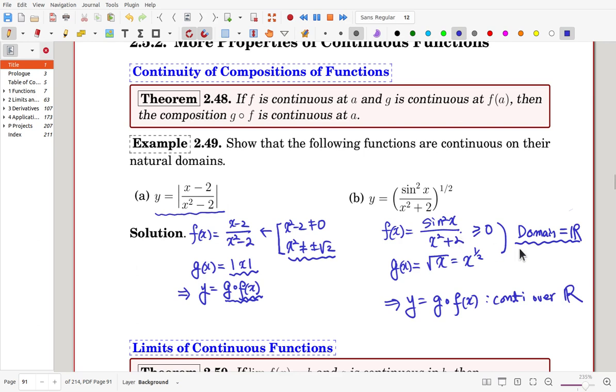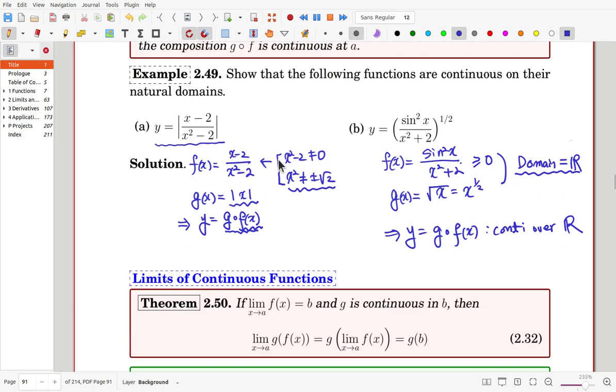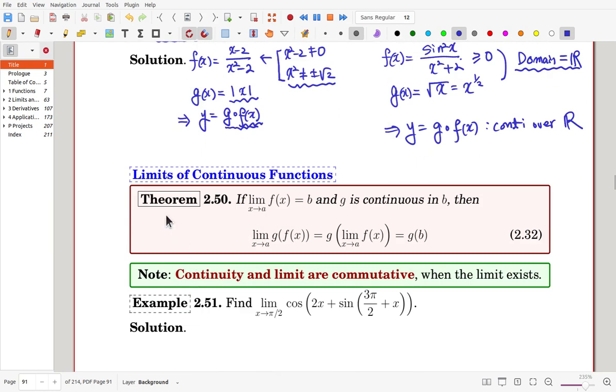Okay, that's the conclusion. Now we have another theorem. If the limit as x approaches a of f of x equals b, and g is continuous at b, then the limit of g of f of x is the same as g of the limit of f of x, and we already assumed that this is b, so it can be replaced by b.